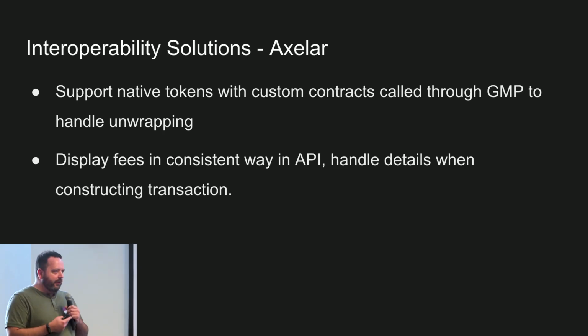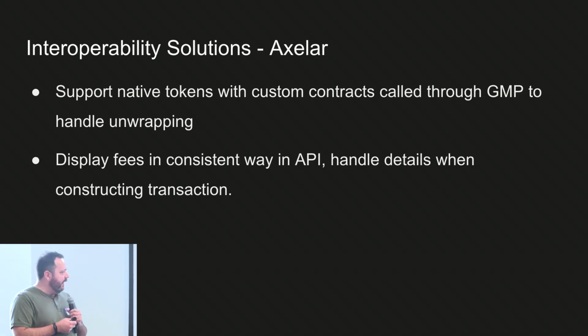So we support native tokens by a composability primitive that Axelar actually does support, which is calling a contract after you do a transfer. I think this is a pretty standard way to solve this. And this works great for chains like Ethereum and Polygon, where you're transferring wrapped ETH, and then you just want to unwrap it to ETH.